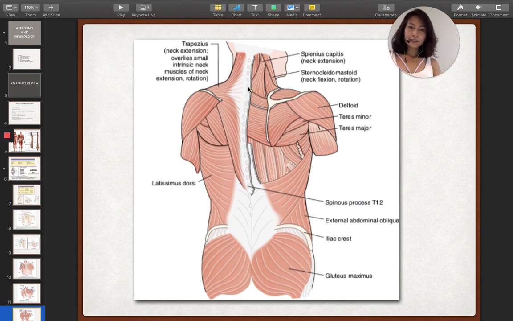Right. And throughout this spinous process, it looks like a hole where your nerves are going through that hole. So we'll talk about nerves and the track of the nerves later.